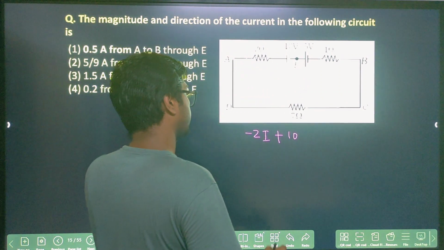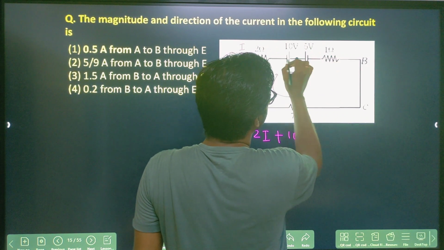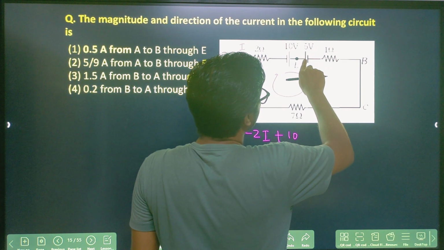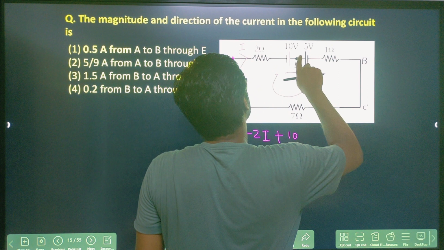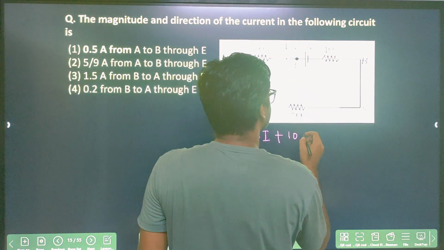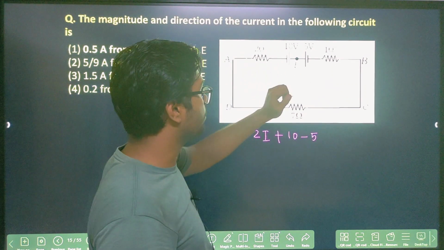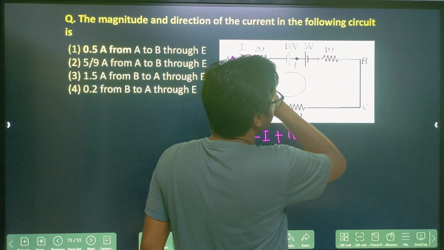Clear? Okay. Now here, if you see, I am moving along this direction. Here it is higher to lower in the 5 volt EMF, right? So with this higher to lower, you can say that here the potential will drop. I will write minus 5. Step by step I am doing. Now in this direction the current is flowing, I imagine.